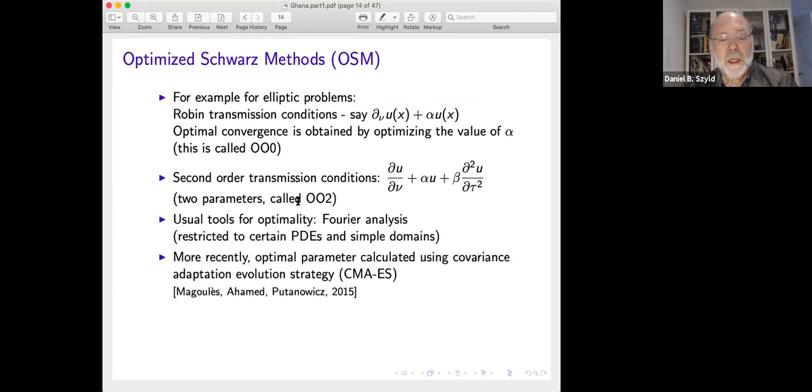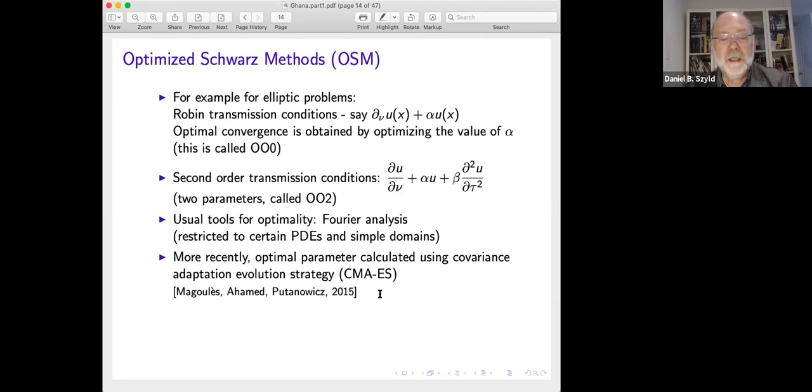Okay. Now, if you want to find this alpha, what's the optimal, then there's a lot of literature for rectangular domains or half spaces in which you do Fourier analysis, and then you find the best alpha or the best alpha data.